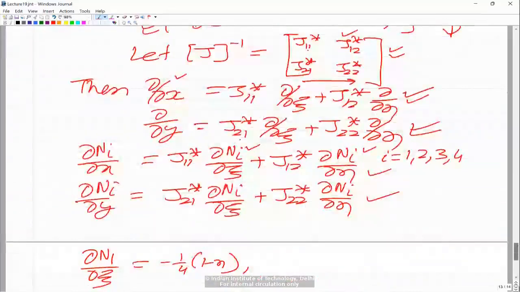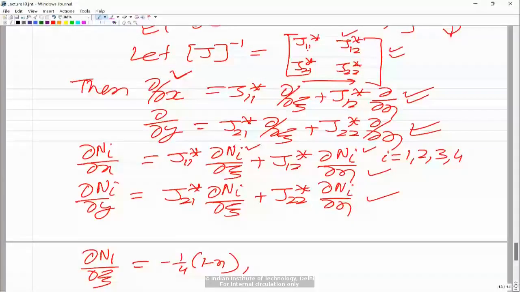So if I operate this del by del x on Ni, I get del Ni by del x equal to J11 star into del Ni by del xi plus J12 star into del Ni by del eta. And this is for i going from 1, 2, 3, 4. So you can do this for N1, N2, N3, and N4.